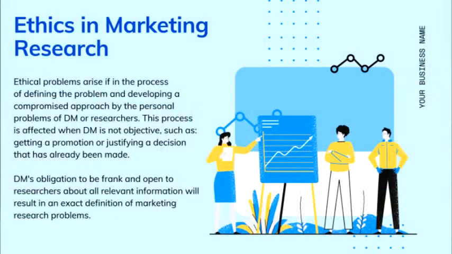And then next to the last part, G, ethics in marketing research. Ethical problems arise even in the process of defining the problem and developing an approach, caused by the personal problems of DM and researchers.